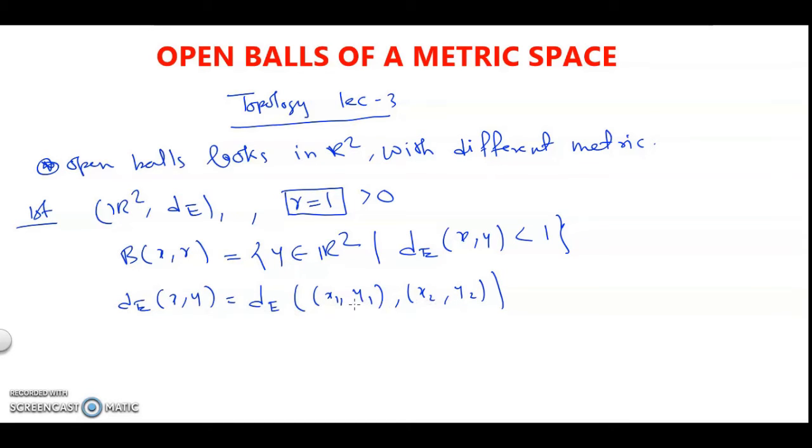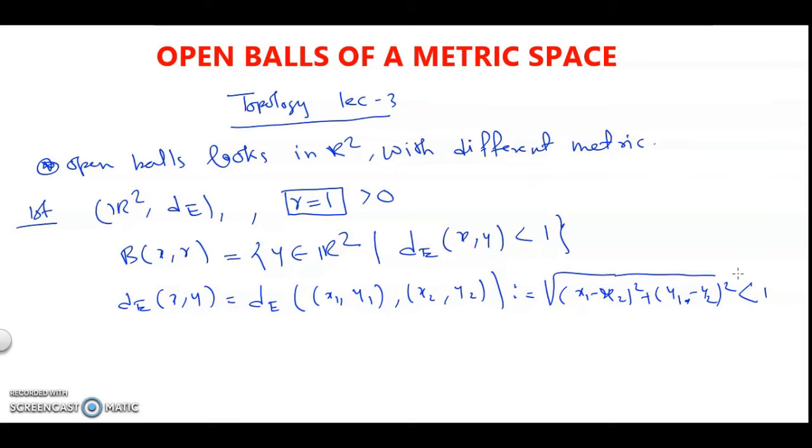So x is (x1, y1) and y is (x2, y2). These are two points in R2. The metric is defined as the root of (x1 minus x2) square plus (y1 minus y2) square, and r is 1, therefore less than 1.